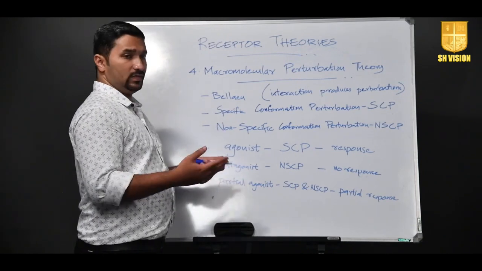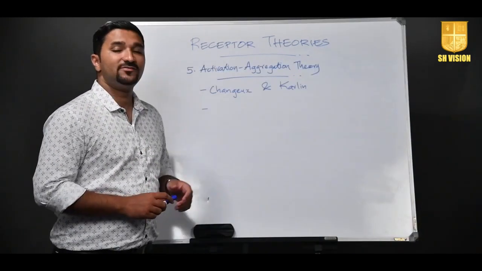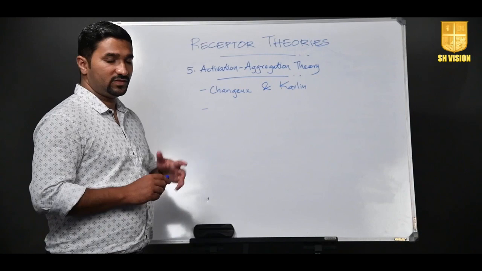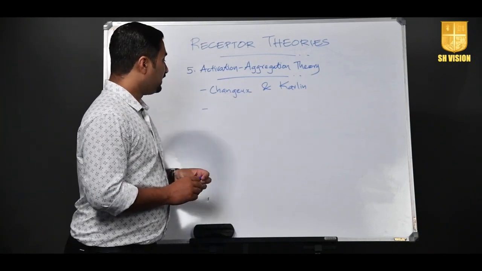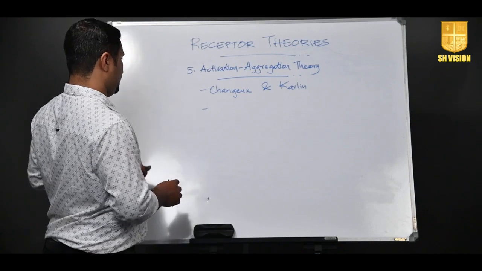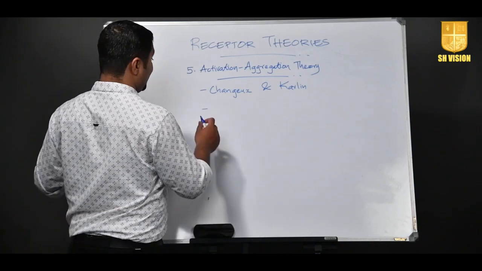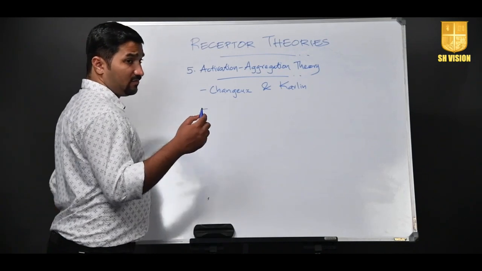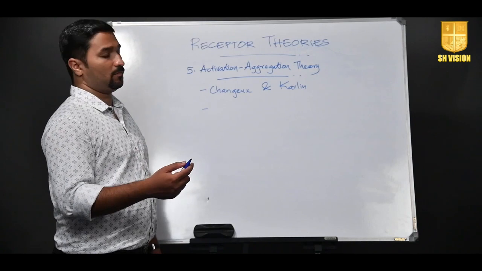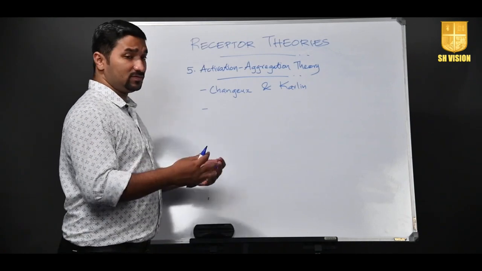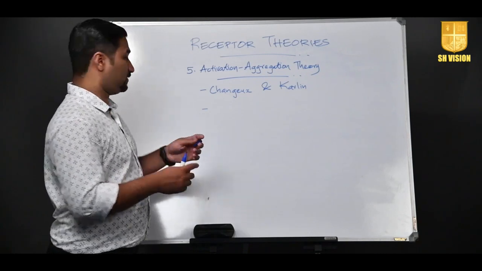And finally, we will look into activation aggregation theory. Activation aggregation theory was put forward by Monod and Changeux, and according to this theory, in the absence of a drug, there exist two forms. First form is the active form and second form is the inactive form. In the absence of a drug, there exists a dynamic equilibrium between these two states.